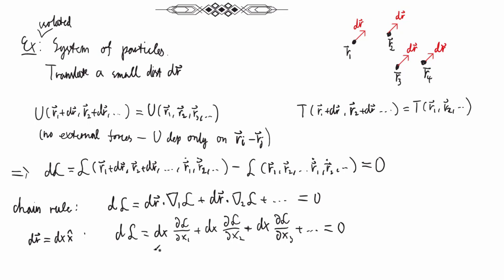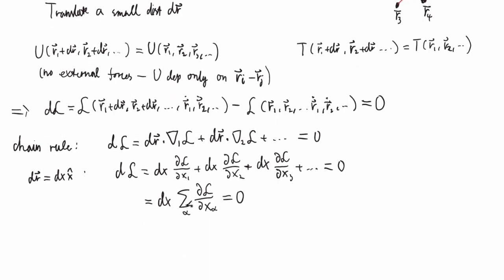We can write this now as a sum: dx, sum over alpha of partial L over partial x alpha, equals 0.